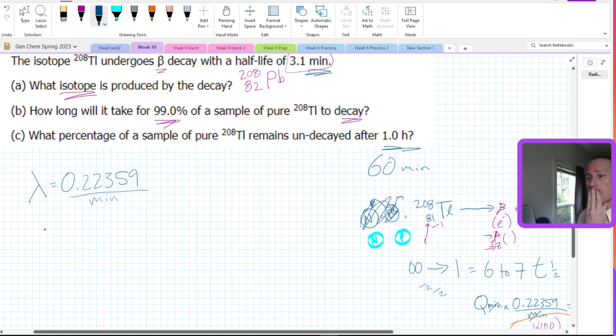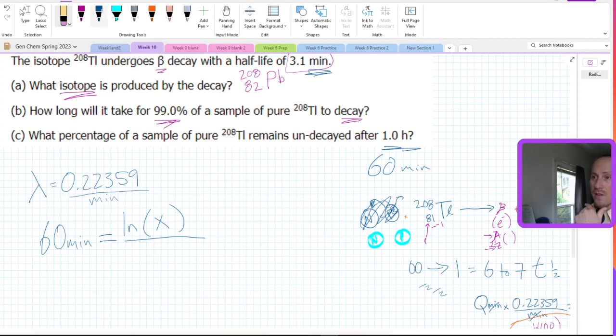So we've got 60 minutes is the time. And 60 minutes is the time that the natural log of some ratio divided by the given half-life. I'm sorry, by which I meant to say divided by the calculated, rather, rate of decay.